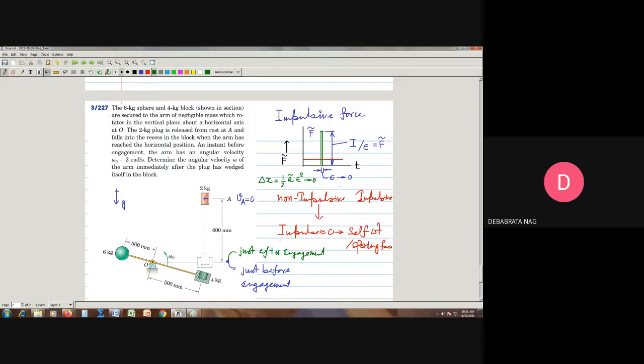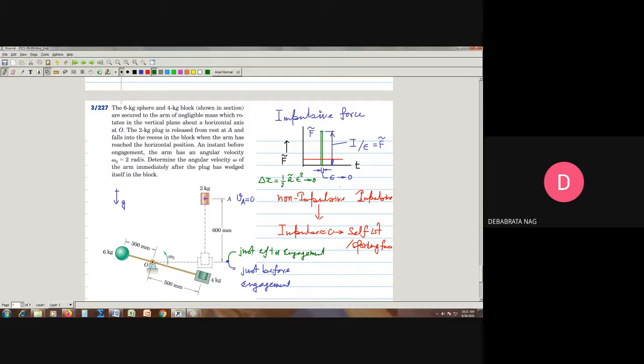So that explains that when there is this kind of momentarily large generation of forces, like impulsive forces, during that time there is no displacement of the associated system.